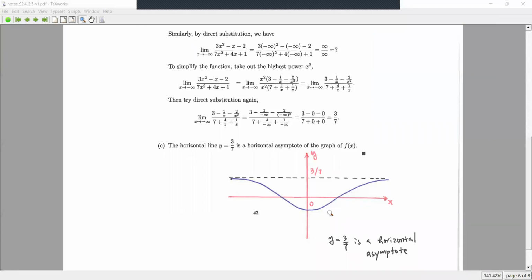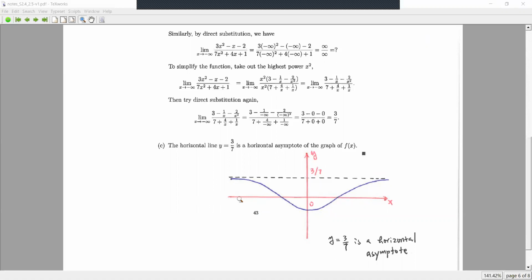Here is a possible graph of the function. This horizontal line, the height is 3 over 7. From part B, as x approaches positive infinity, the function approaches 3 over 7. So as x approaches positive infinity, the graph of the function is getting closer and closer to this horizontal line. And also from part B, when x approaches negative infinity, the function approaches the same number 3 over 7.